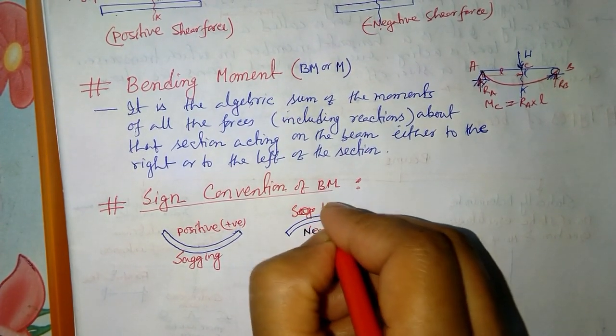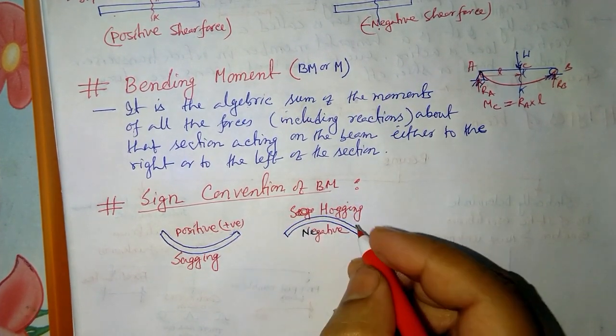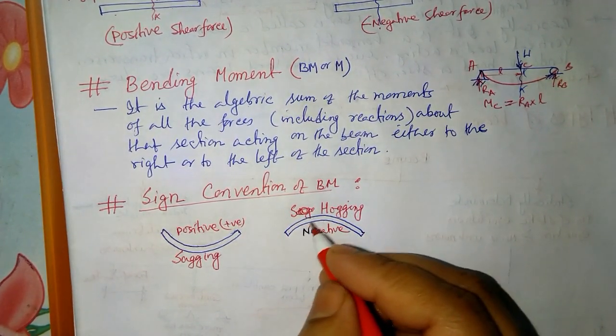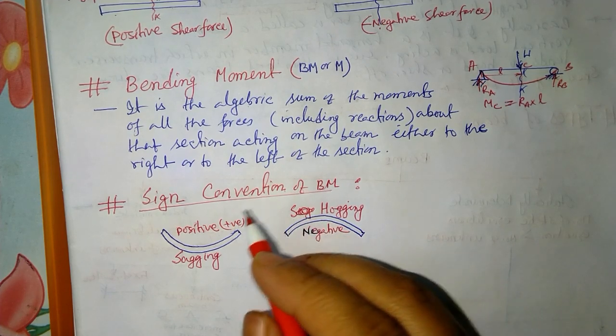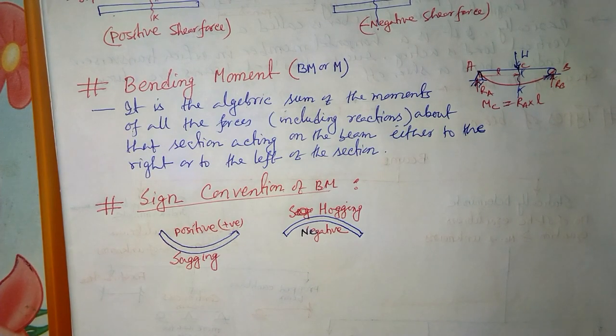Sorry, this is known as hogging bending. Okay, a convex curve is known as hogging bending, and positive is known as sagging bending. So this is our sign convention of bending moment.